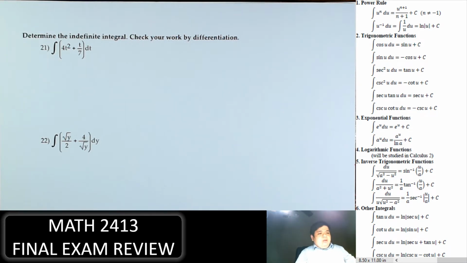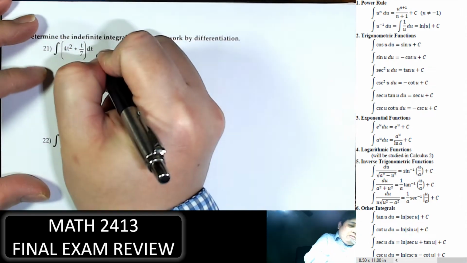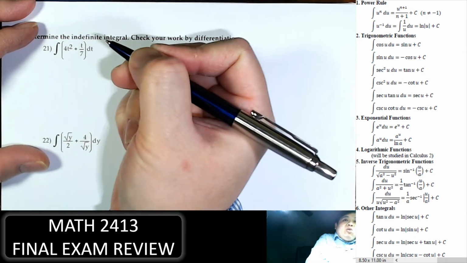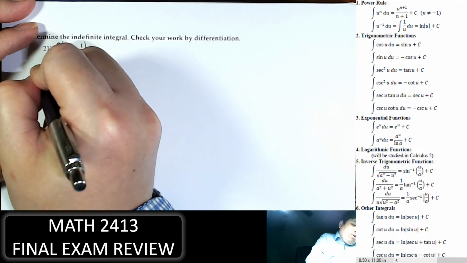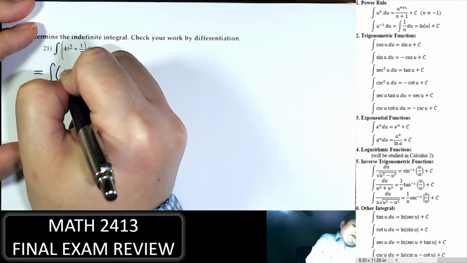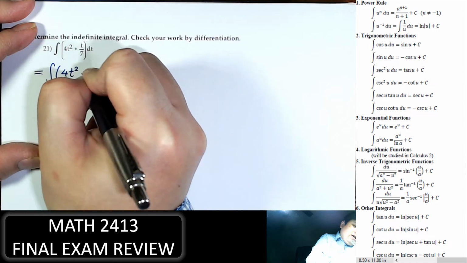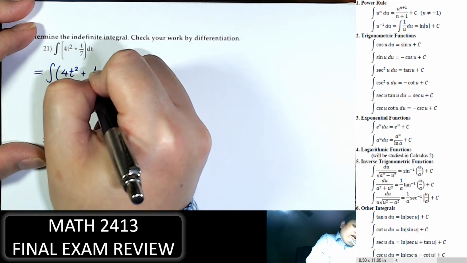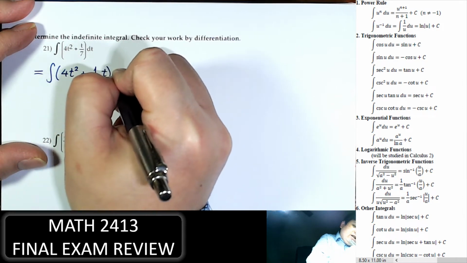Right. Now the first one is just the power rule. So in order to use the power rule, we just write everything as a power. So I recommend, so we haven't done anything yet, we write this as 1/7 t dt.